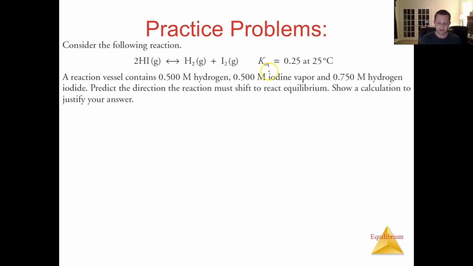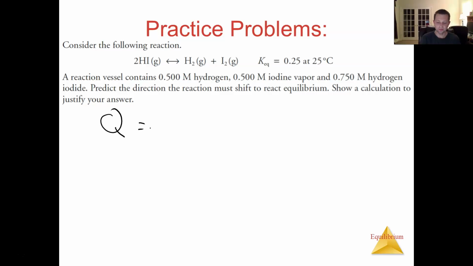All right, the next one. Another chemical reaction. I give you the KEQ value. The reaction vessel contains half a molar of hydrogen, 0.500 molar iodine, and 0.750 molar hydrogen iodide. Again, predict the direction we'll shift to reach equilibrium. Show calculation. I read a problem like this and it says to predict the direction the reaction must shift to reach equilibrium, so I'm not sure if I'm there. So it's Q equals, not KC or KEQ.